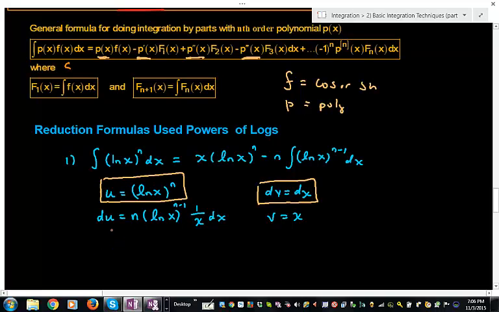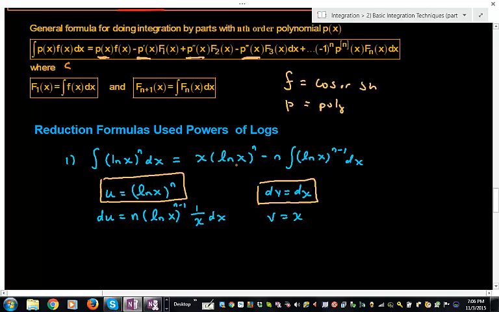When we take du, it's u prime dx. What is u prime? Well, it's a derivative of u with respect to x. We use a chain rule, n times natural log of x to the n minus 1 power. And we take the derivative of the function inside, which is natural log, giving us 1 over x. And of course, when we integrate dv to get v, the integral of dx becomes x.